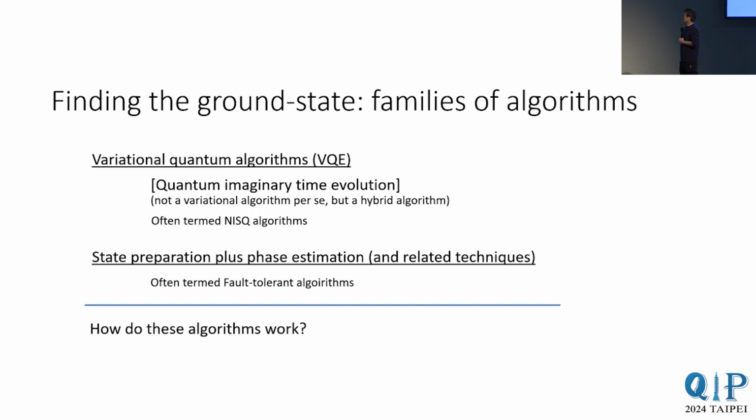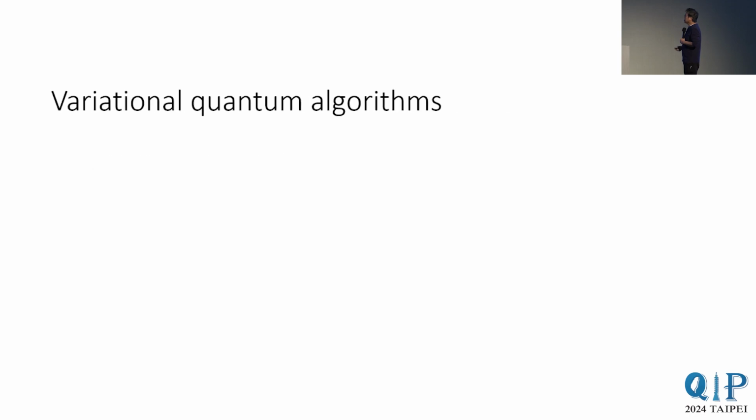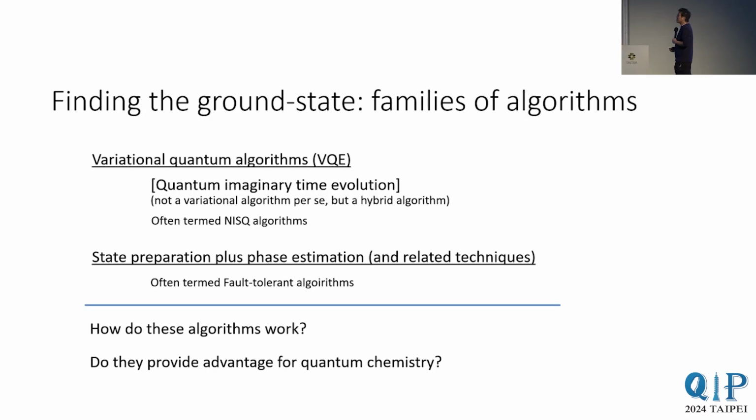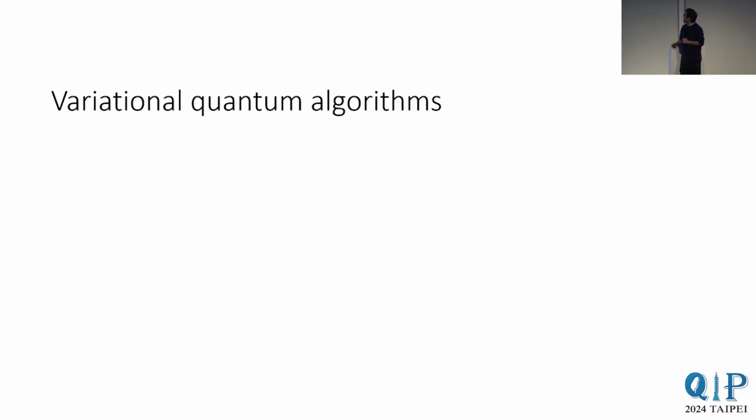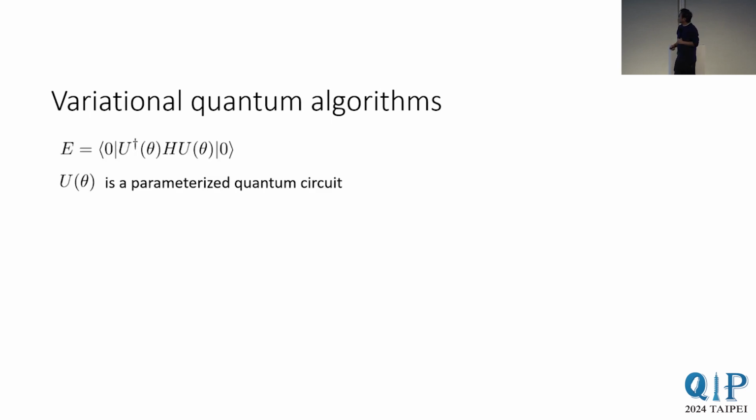Okay, so the two things that I'm going to cover very quickly are, just very roughly, how do these algorithms work, and in what sense should we think of them as providing or not providing advantage for quantum chemical problems. Okay, so I'll start with variational quantum algorithms, which are extremely simple-minded. You essentially take the energy, and then you just have some unitary circuit.